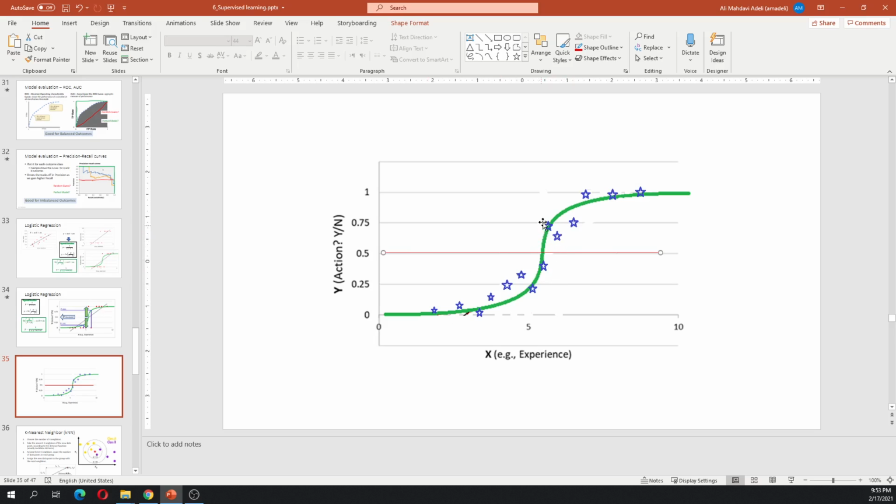Let's say these points actually all belong to the 1 class, and these belong to the 0 class, and the model correctly predicts them all. It says the probability is this, I'm assigning it to the 1 class, and that's the true outcome. And these here are actually 0, and I'm correctly predicting a probability of them belonging to the 1 class that's less than 0.5, so I'm assigning them to 0.